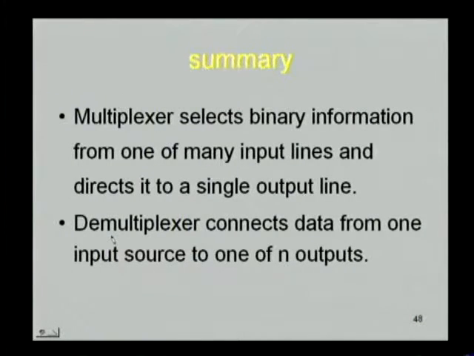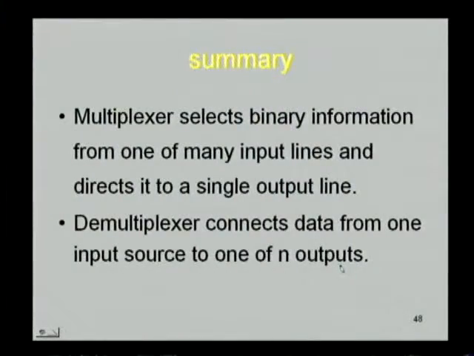And lastly, we have seen the demultiplexer. A demultiplexer is very similar to a decoder; that is, if the enable input of a decoder is used as a data input line, then that same decoder can be called a demultiplexer. It has one input line and n outputs.